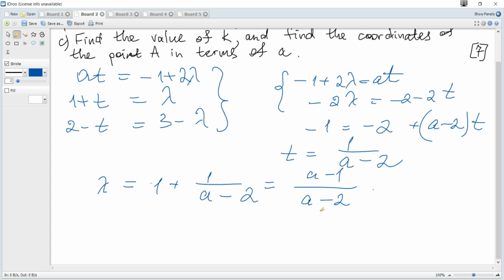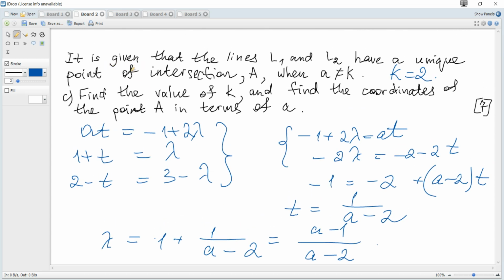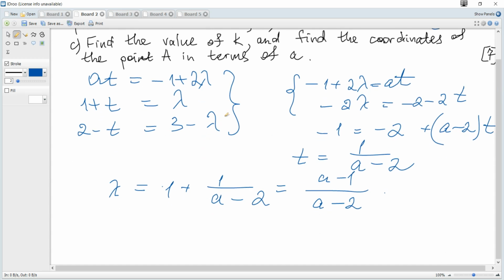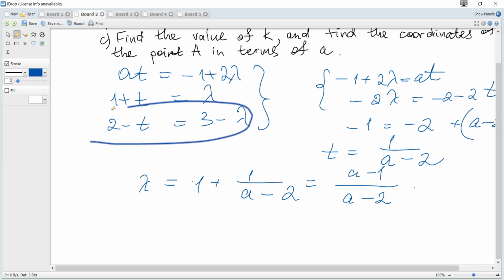And notice that for this problem it is given that they have a unique point, so it's not necessary to check the third equation. But in general, when you find the point of intersection, you should check the third equation. What does it mean?